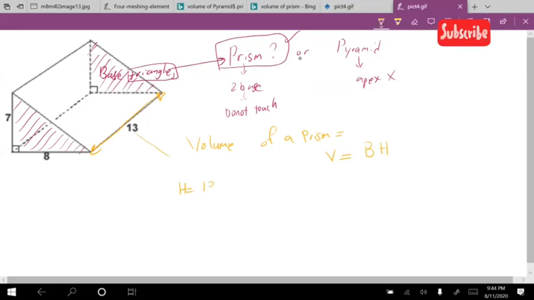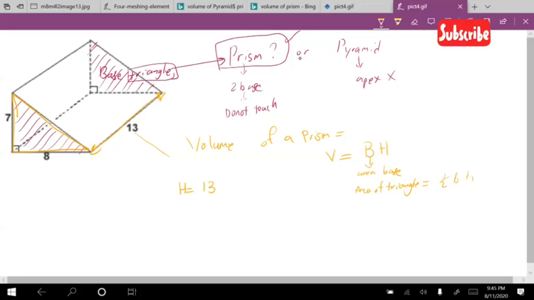What's wrong with me today? Okay. Now we're trying to find B, which stands for the area of the base. Remember, this figure is the base. And the base is a triangle. The area of a triangle is half base times height.